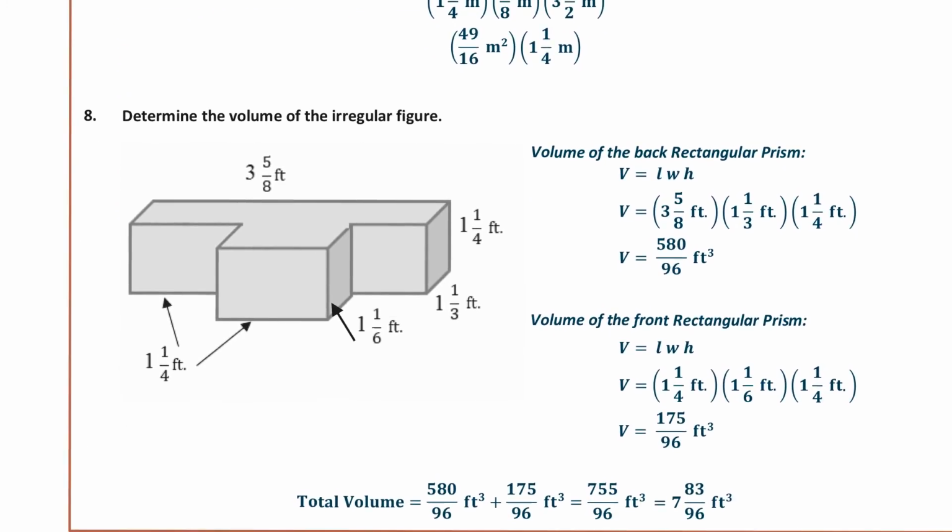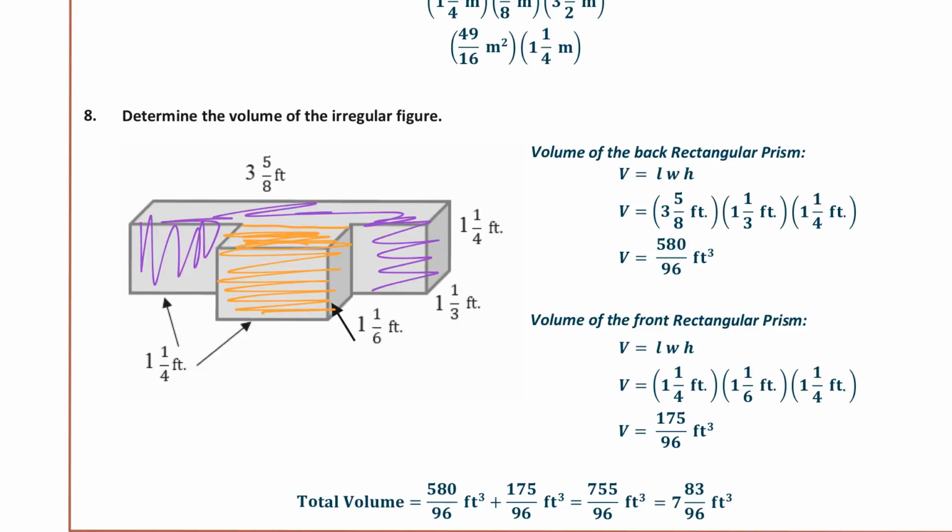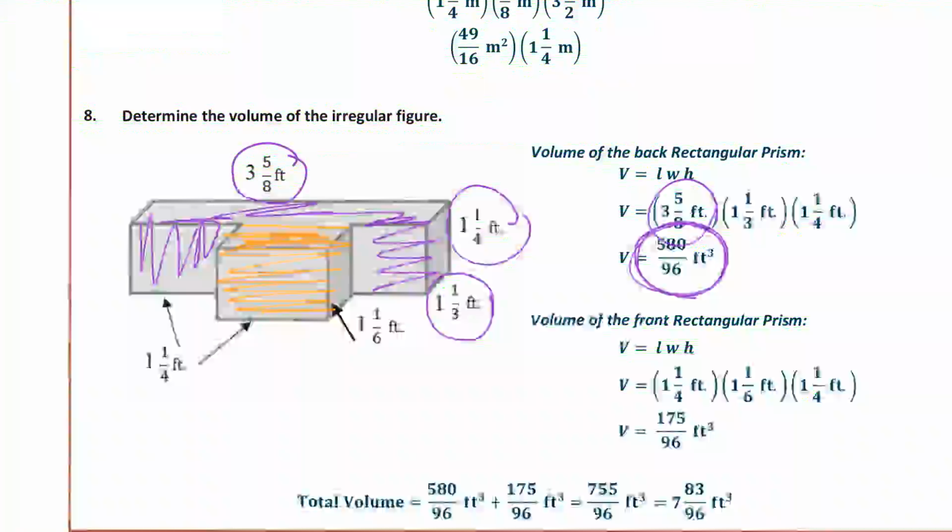And then this one was, you would want to split it into two figures. So you would have the orange part would be the front, and then the purple one would be in the back. And so the back one would be 3 5/8 for the width times 1 1/3 times 1 1/4 to give you 580 over 96.